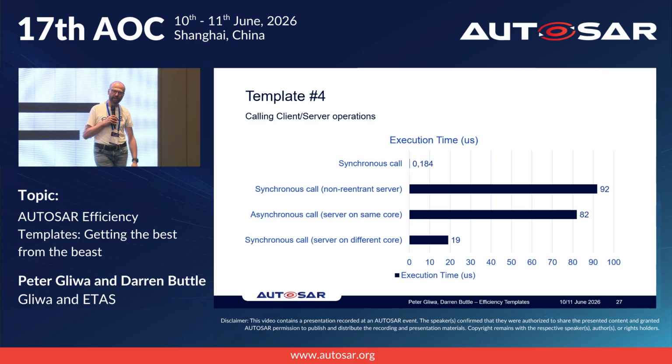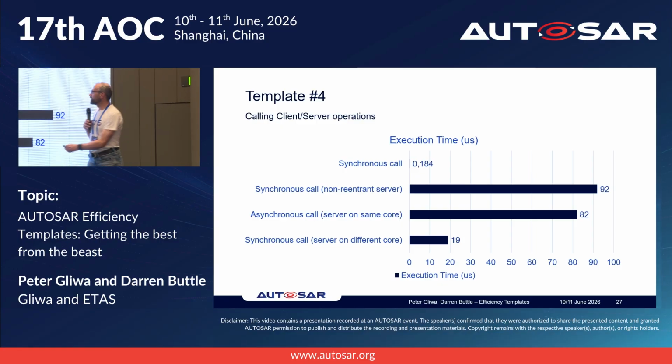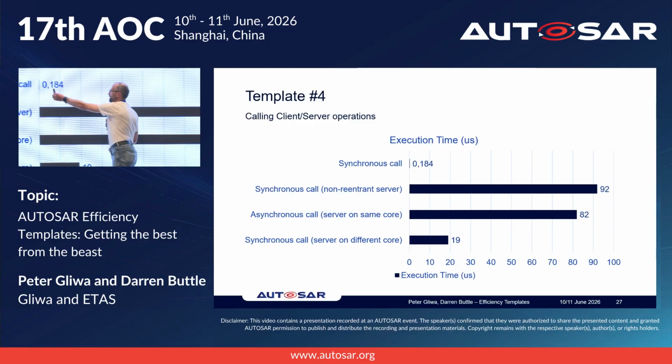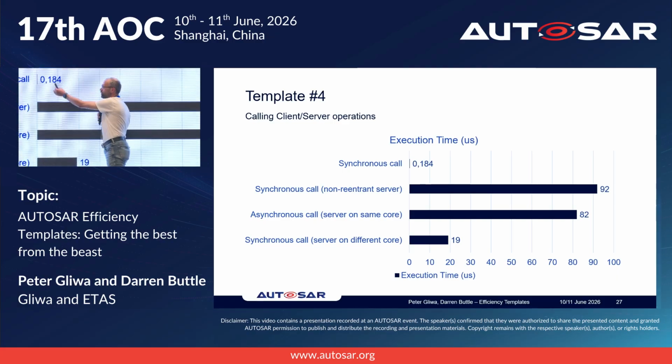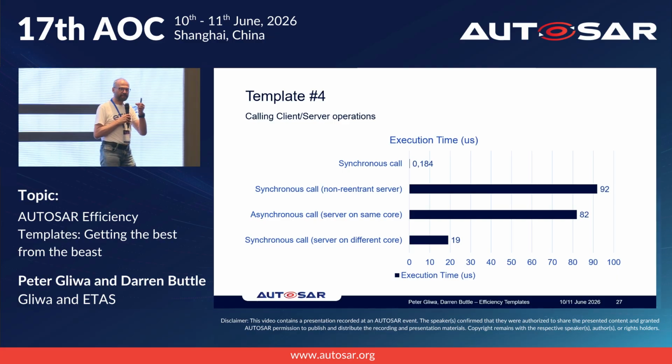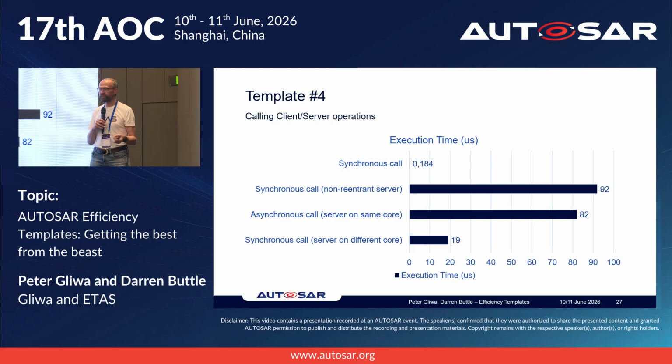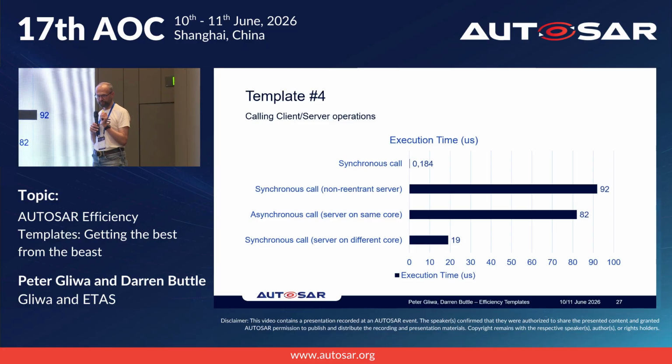That makes it slightly better, but it's still slow. And in comparison, this is 100 times slower than that. So telling us that you've got synchronous server calls makes a really significant difference here.